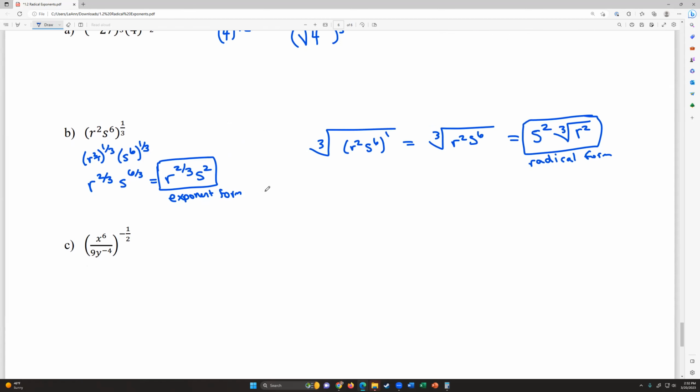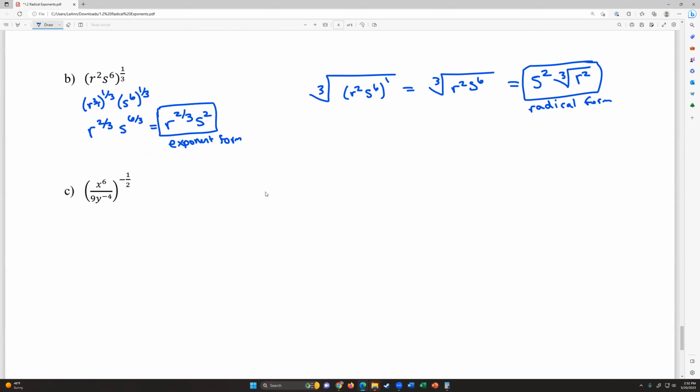Okay. And then the last one, I would probably move this y up first because it has that negative exponent. So x to the 6th, y to the 4th over 9. I have the whole thing to the negative 1/2. So remember, we don't like it when our outside is a negative exponent.